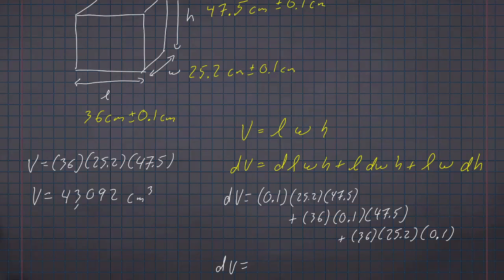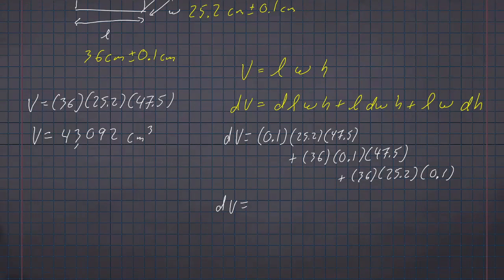So when I plug that into my calculator, I get 381.42. So my volume is 43,000 and change, plus or minus 300 and change.